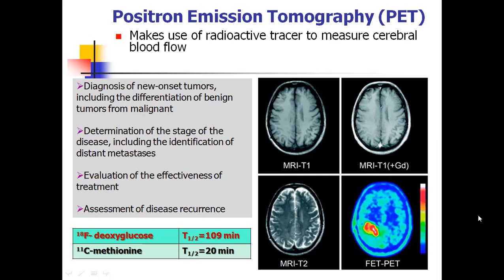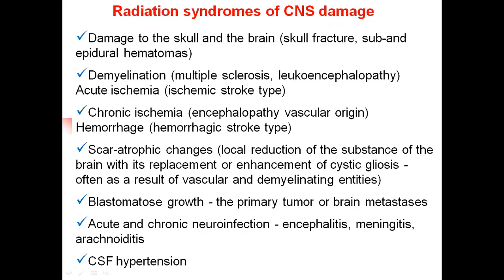With deoxyglucose and the isotope of fluorine, these problems don't trouble us, and so fluorodeoxyglucose is preferable in positron emission tomography of the brain.